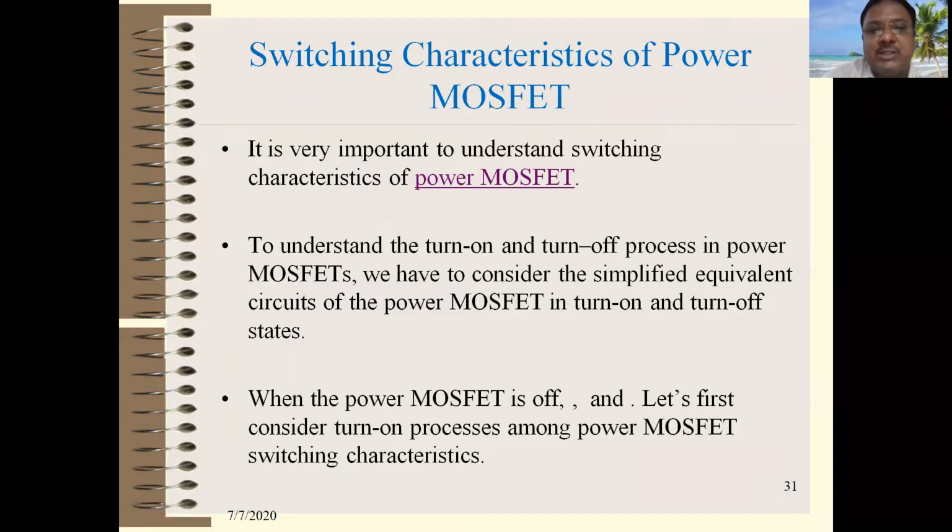So that capacitance, we call it a capacitance, but it is basically a depletion region, right? The voltage required to fill that depletion region with free charge carriers is called the charging time of that junction capacitance, right?